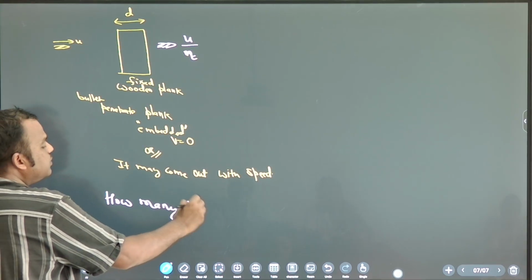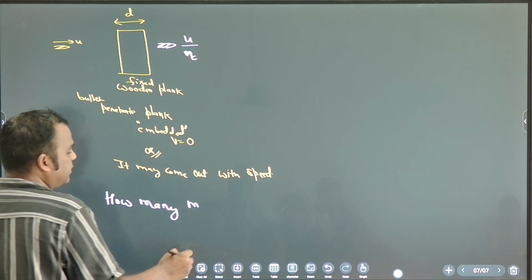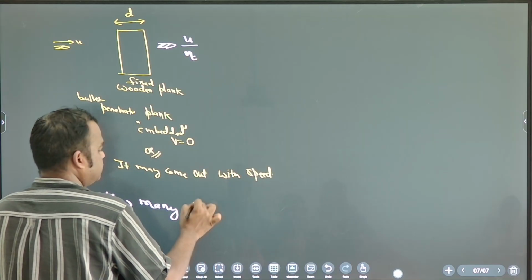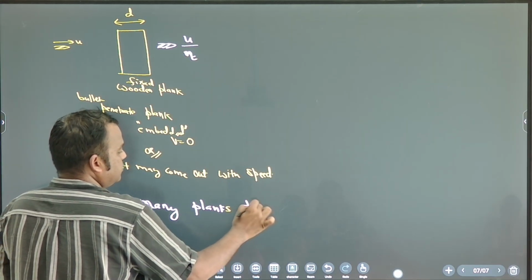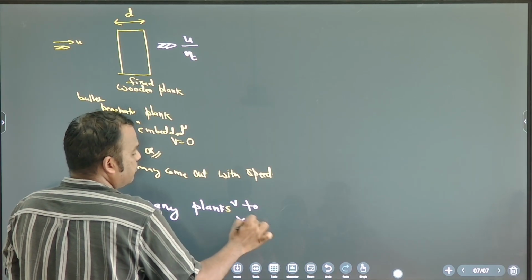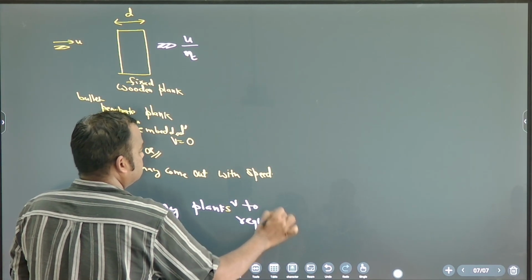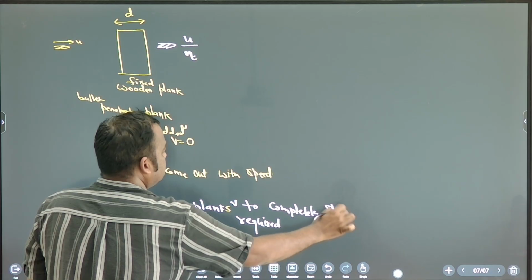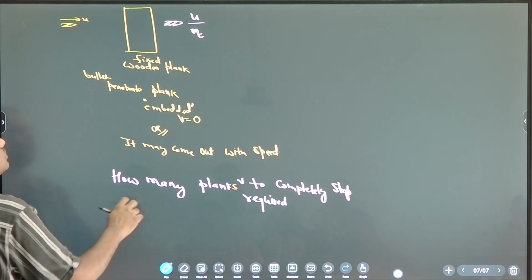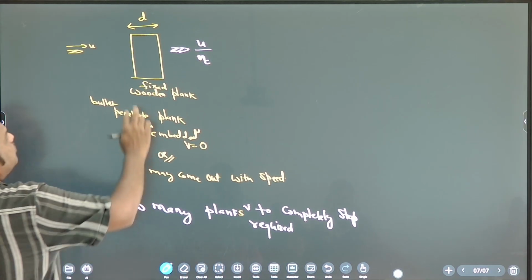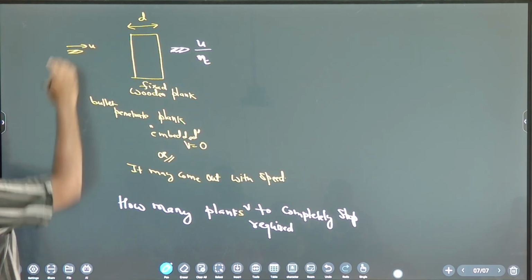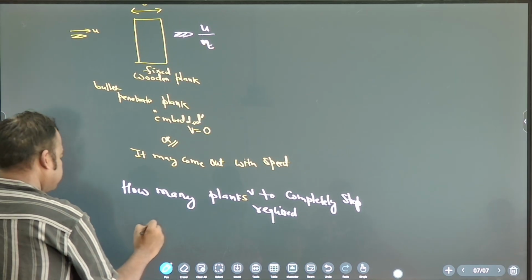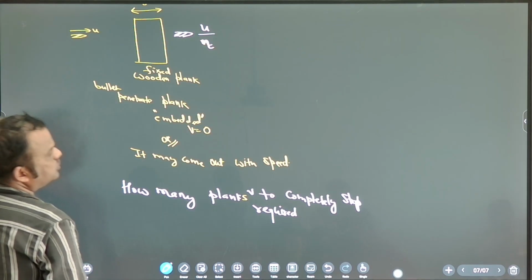How many planks are required to completely stop it? So this is a kinematics question also, but this is given in collision also. So how to solve?